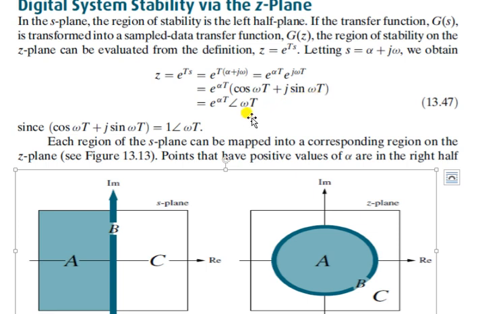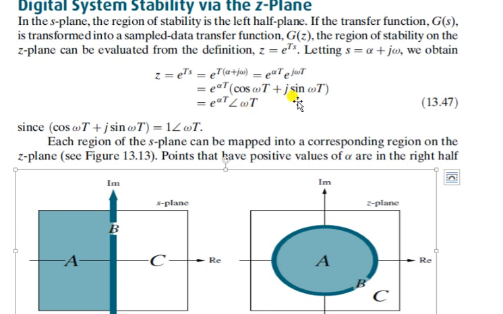So magnitude you will get here 1, and if you calculate here the angle will be tan inverse sin omega t divided by cos omega t. So that will become the omega t.